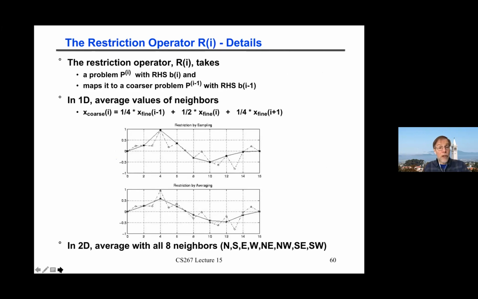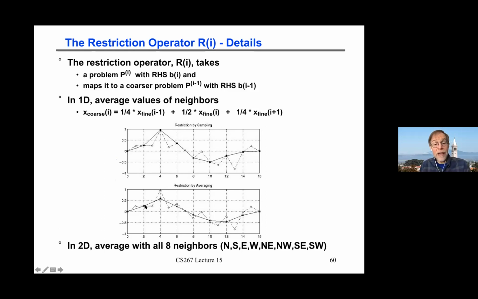So I did want to show you what the restriction operator looks like. The restriction goes from fine to coarse. The fine problem I've shown here is the dotted line with the little circles, and there's 17 mesh points. And I want to go to the coarse one. The obvious thing to do is just take every other mesh point, and that gives me the black solid circles. And you can see that is sort of a decent approximation of the fine mesh underneath it.